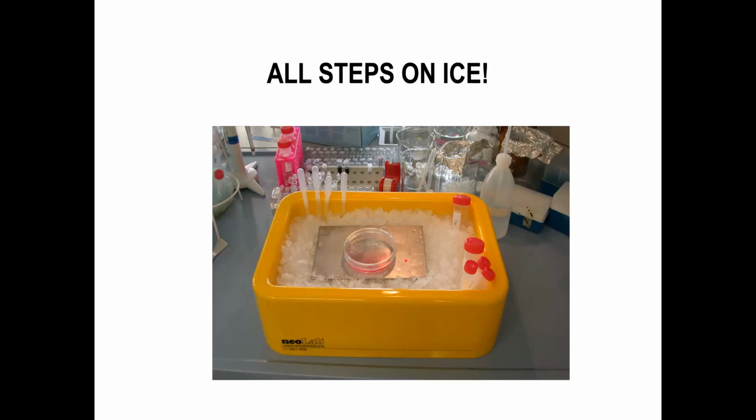All those enzymes are slowed down in their activity when you put the cells on ice. On top of that, every buffer that you use in the homogenization and later in the purification should be supplemented with inhibitor cocktails against proteases. These cocktails can be purchased from laboratory suppliers, from chemical suppliers, and usually you add such a cocktail routinely to your buffers in order to inhibit the proteases and the lipases.